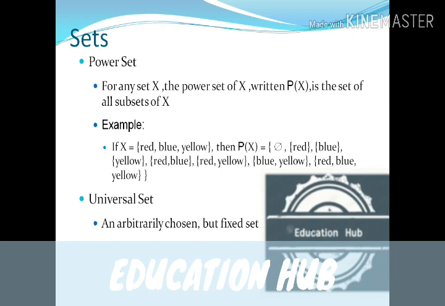For any set X, the power set of X, written as P of X, is the set of all subsets of X. Suppose here the example: X is red, blue and yellow. The power set is equal to null, red, blue, yellow, red-blue, red-yellow, blue-yellow, and all. That means all the possibilities.